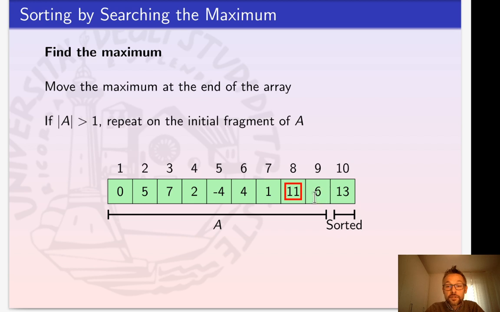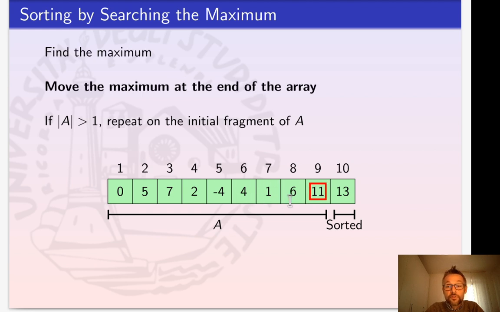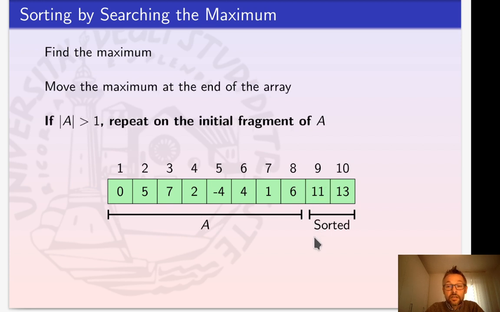And since it is the greatest element among the unsorted part of the array, this should be at the end of the unsorted part of the array. So by selecting the maximum and placing it at the end of the unsorted part of the array, I'm able to grow the sorted part of the array and decrease the unsorted part.